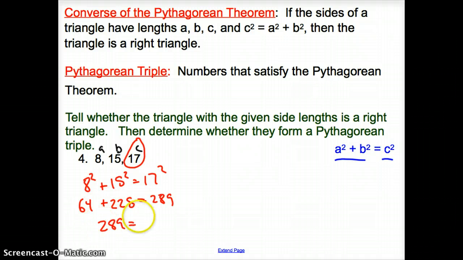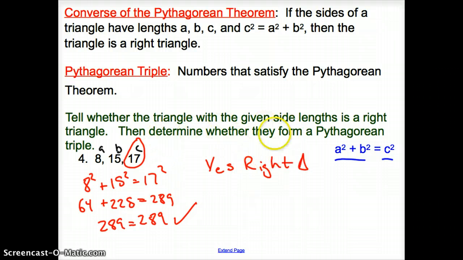Well, the other side equals 289. So that equals each other, which is a good thing. So tell whether the triangle with the given sides is a right triangle. Yes, it is a right triangle. And then whether they form a Pythagorean triple. Yes, a triple.